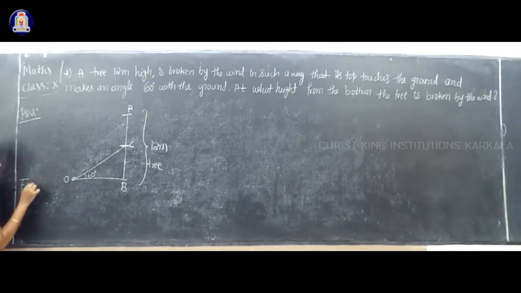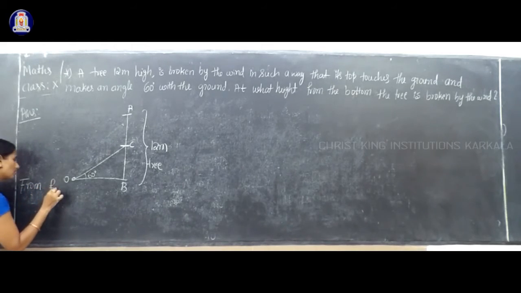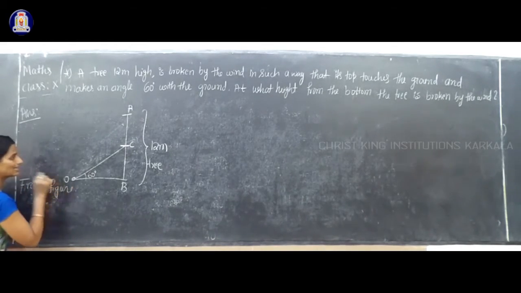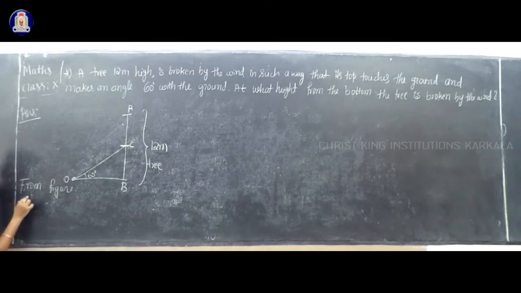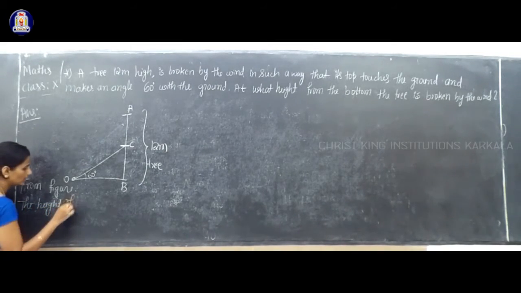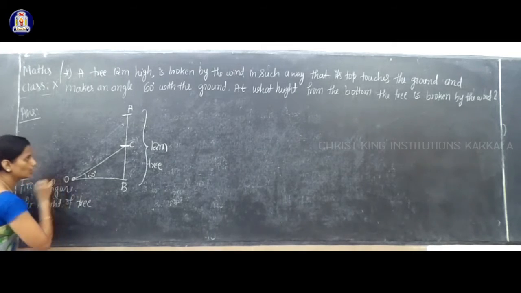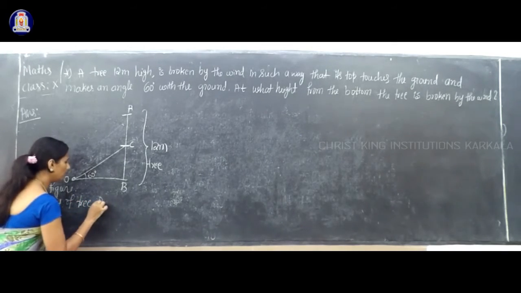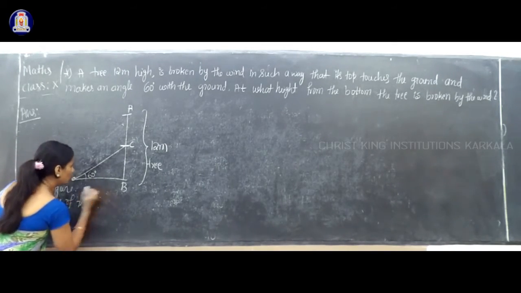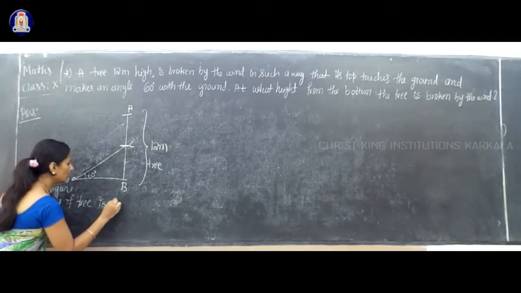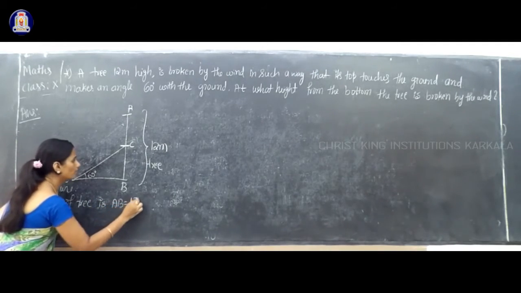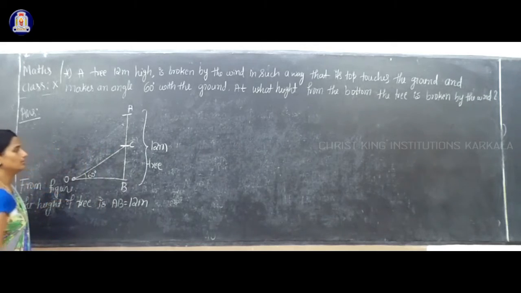So next, from the figure, we'll write it. The height of the tree is AB, which is equal to 12 meter.